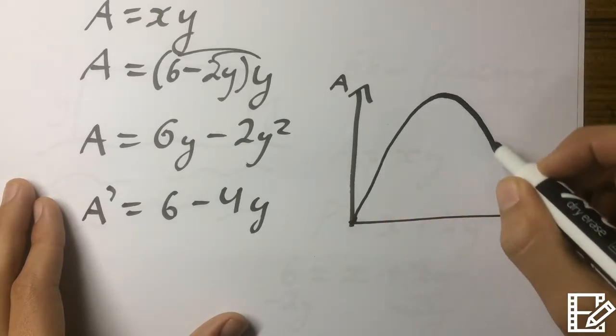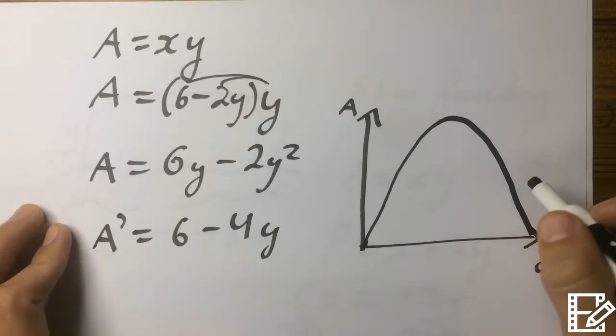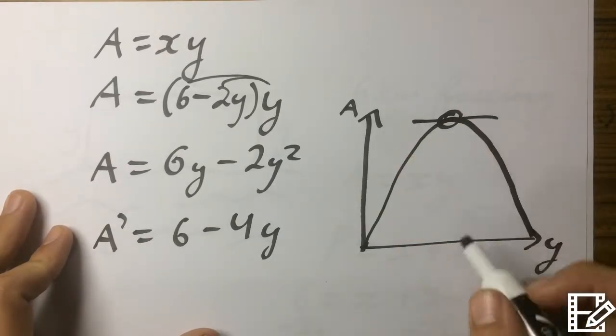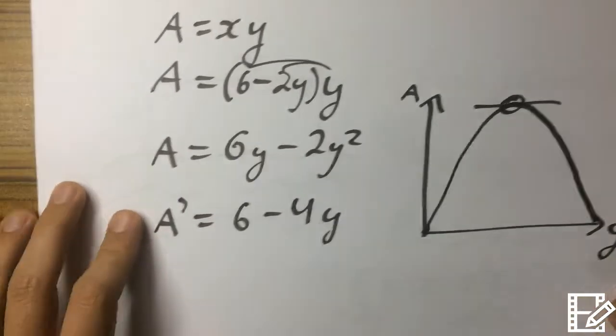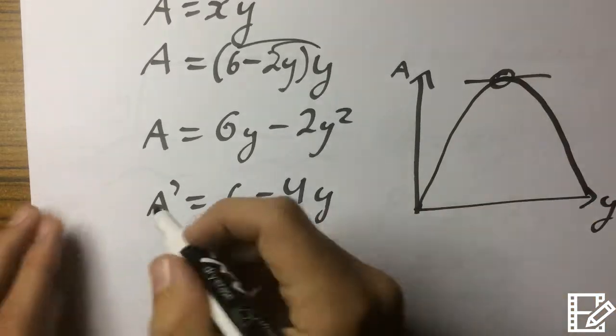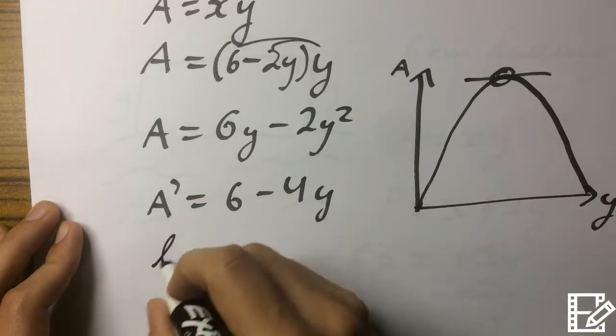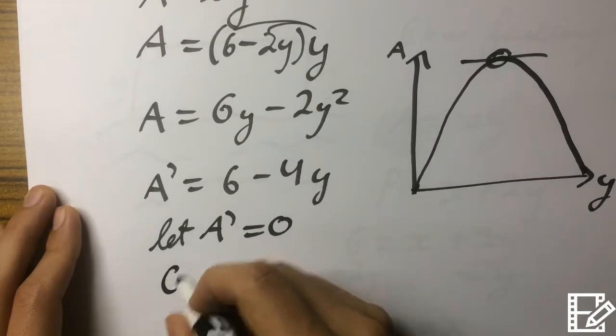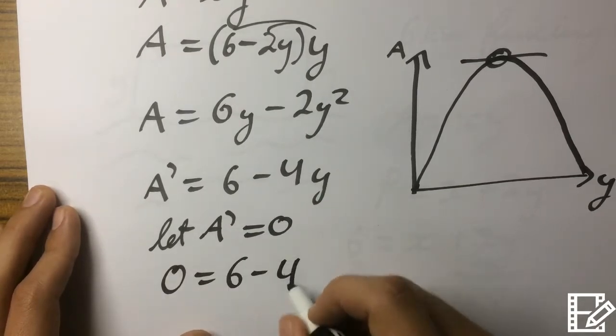Then if we increase it too much, the area gets smaller again. We're looking for this point, and at this point, the slope will be 0. So the derivative will be 0, therefore we let the derivative equal 0. So it'll be 0 equals 6 minus 4y.